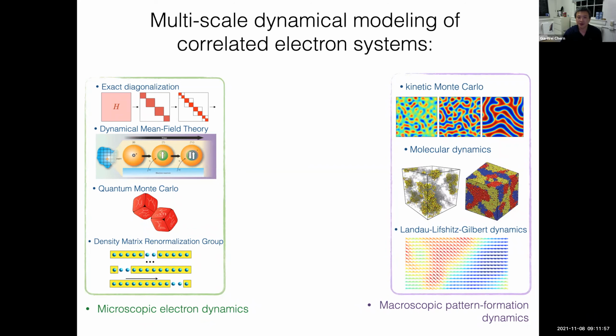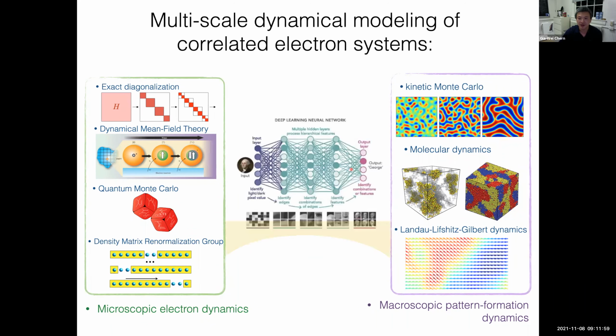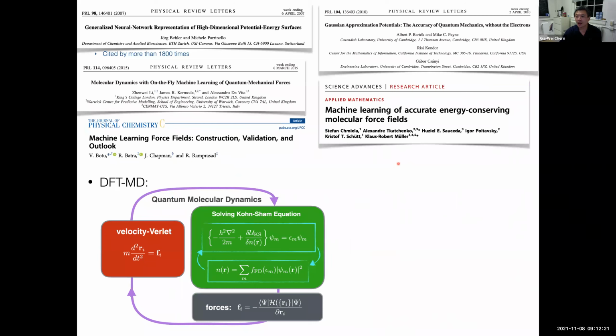Fortunately, recent machine learning methods, especially deep learning neural networks, provide a promising solution for these difficult numerical problems in bridging the time-consuming microscopic electron calculations and the macroscopic pattern formation simulations. This idea is not new.